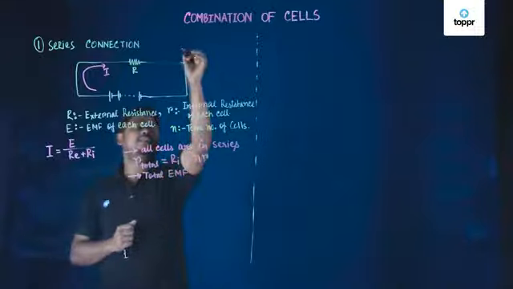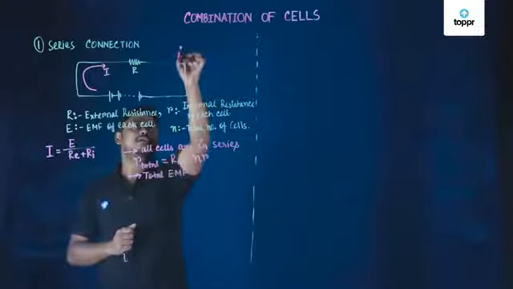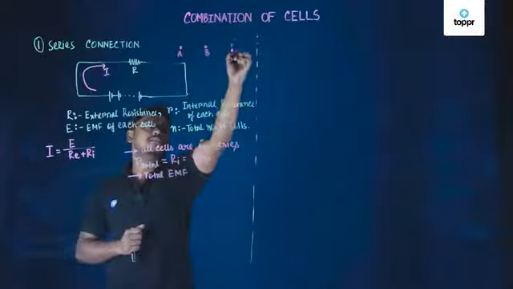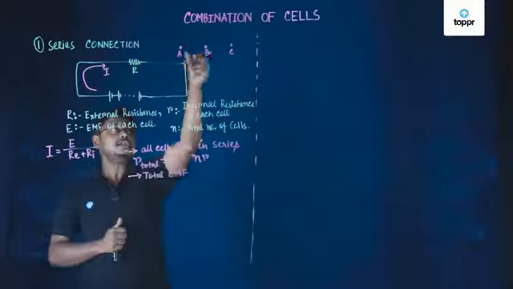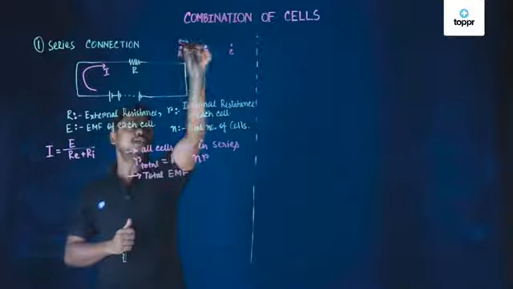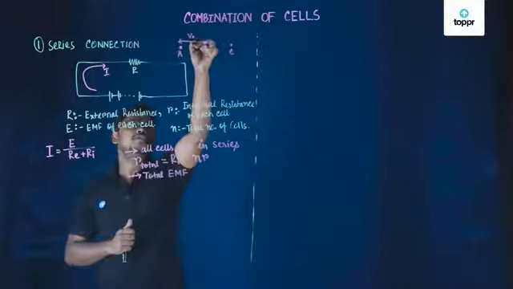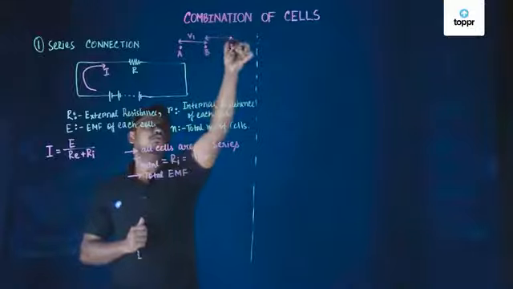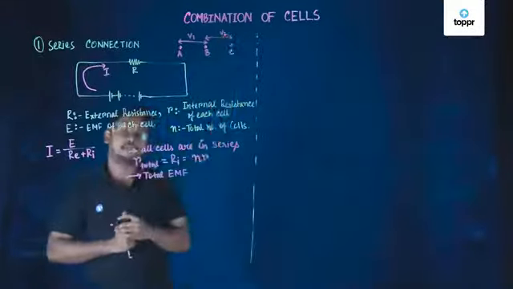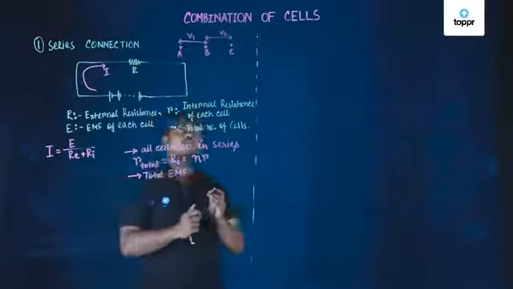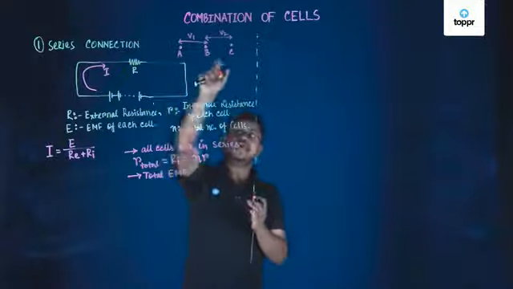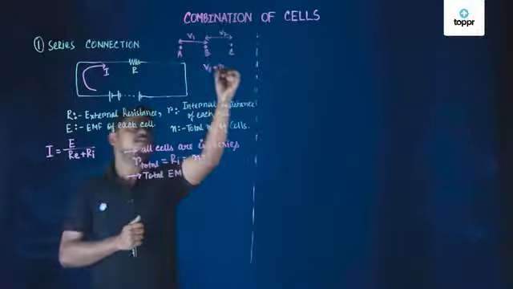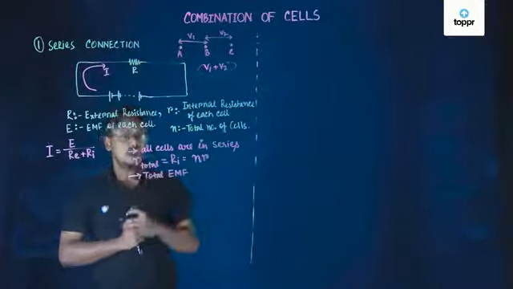For example, let's say this is a point A, another point B, and another point C. Let the potential difference between A and B be V1 and between B and C be V2. If someone asks the potential difference between A and C, the answer is simply V1 plus V2.